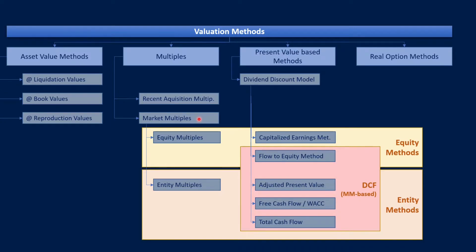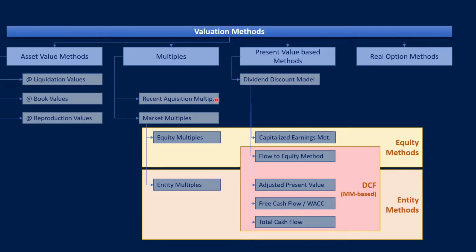You can divide those market multiples into equity multiples and entity multiples. Equity multiples, of course, value the equity of the company, the shares. Entity multiples value the whole entity before financing, so they value the capital employed.